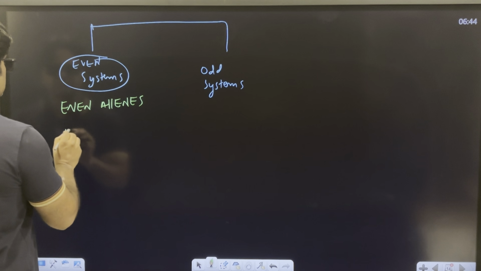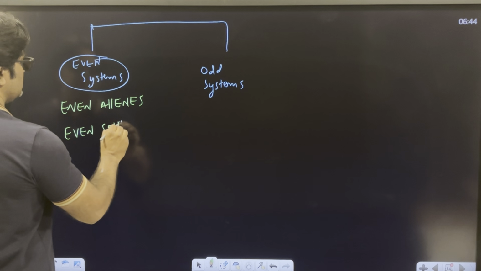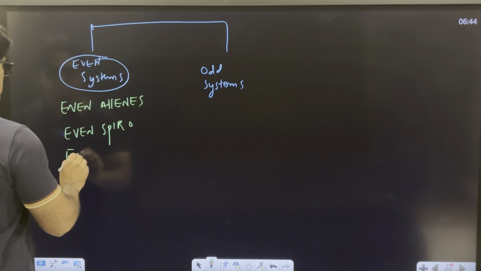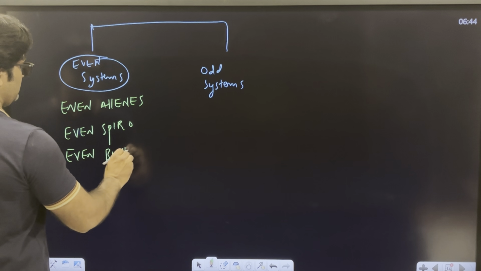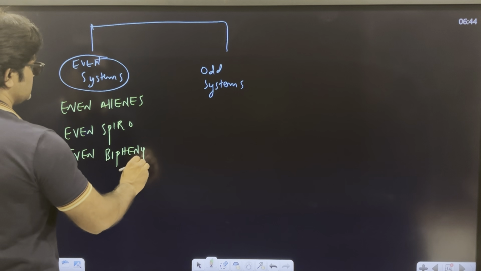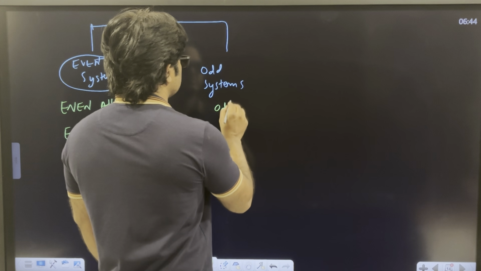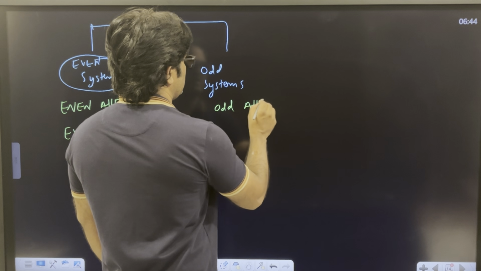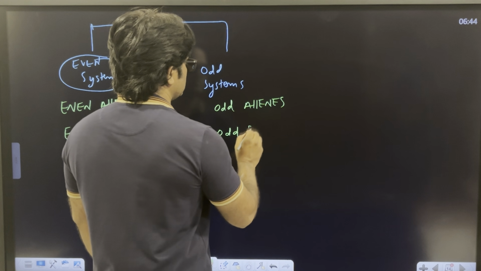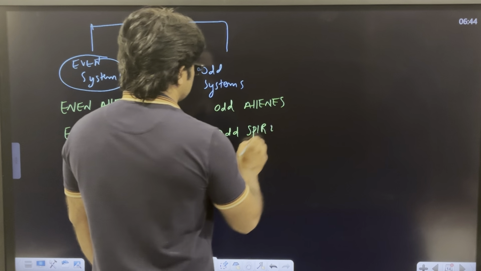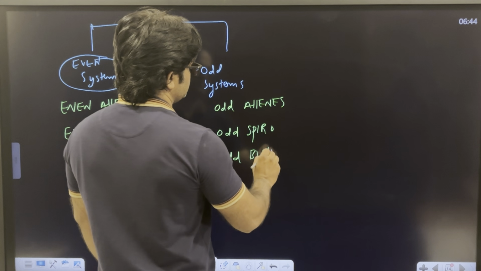Even allenes, even spiro, even biphenyls. Next one, odd allenes. Next one, odd spiro, odd biphenyls.